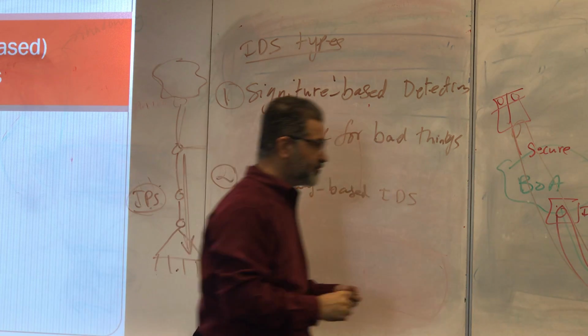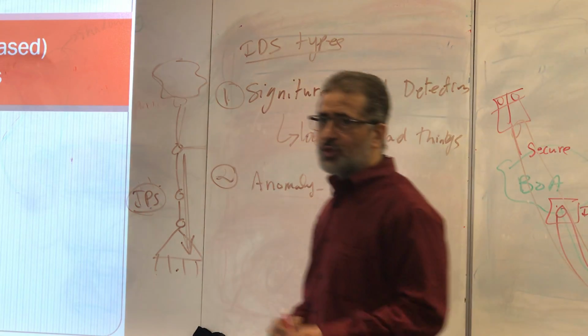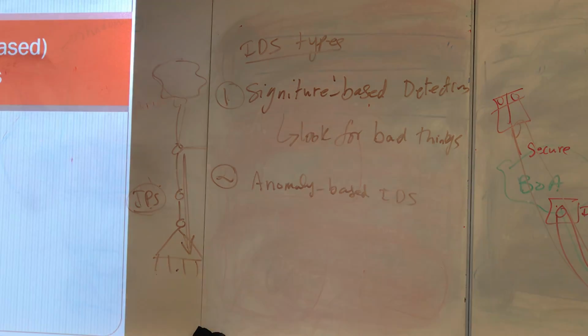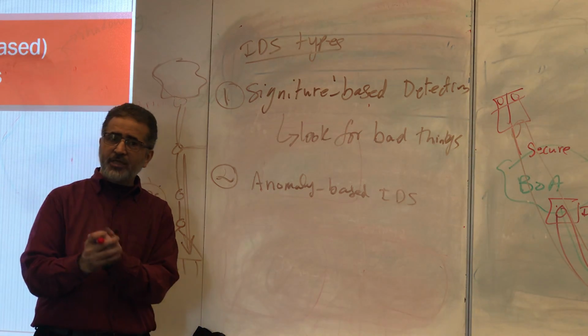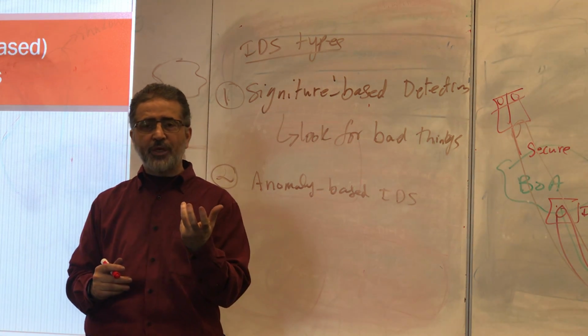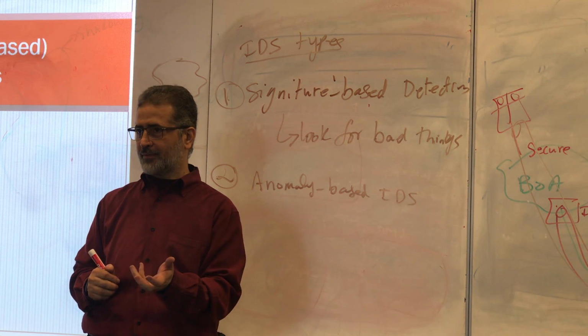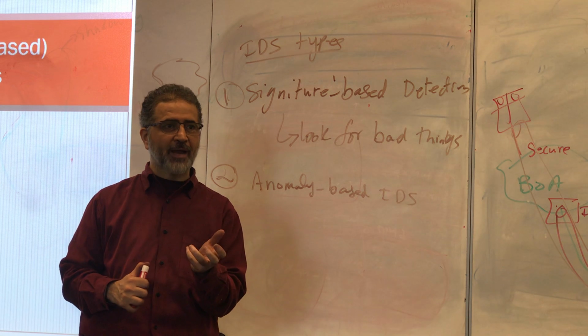Anomaly-based IDS has a very different concept. It doesn't require you knowing anything about the bad attacker or bad behavior or signatures. It actually takes the opposite direction. It says, I want to know your normal behavior. If I see deviation from the norm, then there's something bad.